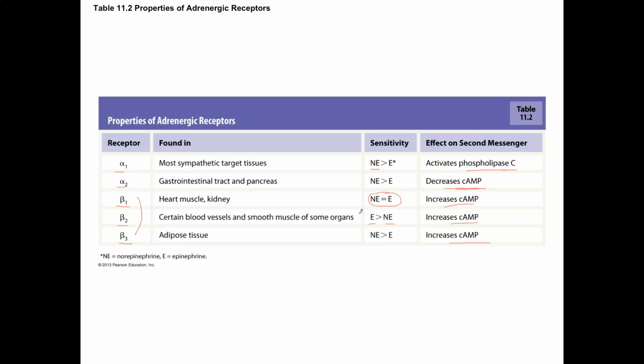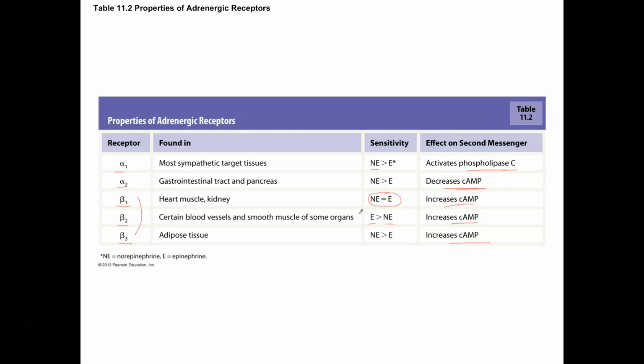We'll look through the different varieties. The beta 3 is probably the least understood, but we do believe that it has an effect on lipolysis, the breakdown of fats, thermogenesis, temperature regulation in our adipose tissue, and even brown fat activity, so white fat and brown fat.